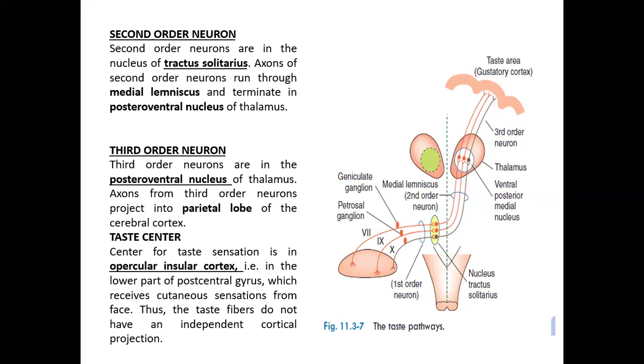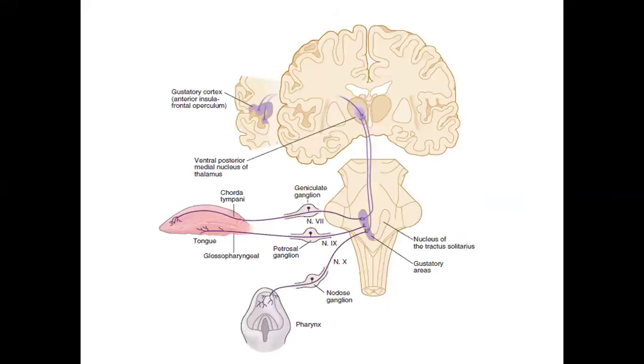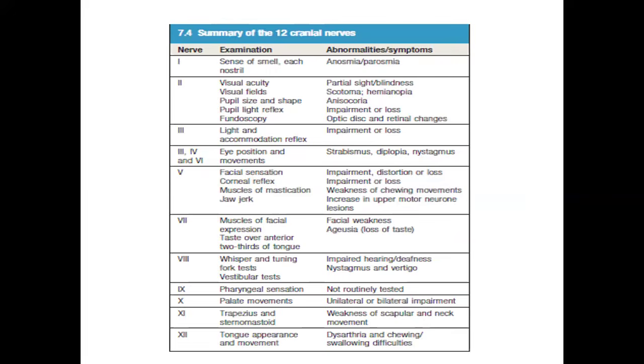So this concludes the pathway for gustation, or taste, from the tongue up to the centers for gustation. Yes, there's an image of the insular cortex. This is just showing a summary of the 12 cranial nerves. You can go through it in your own time. I'm sure anatomy has already done a good job.